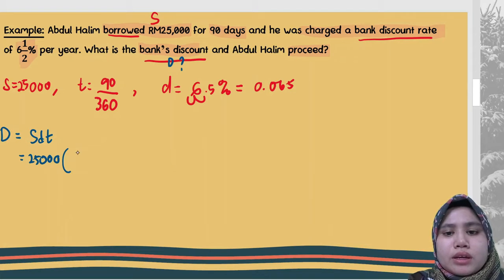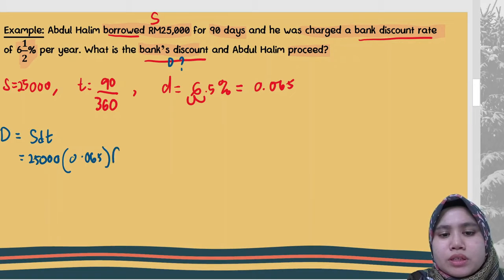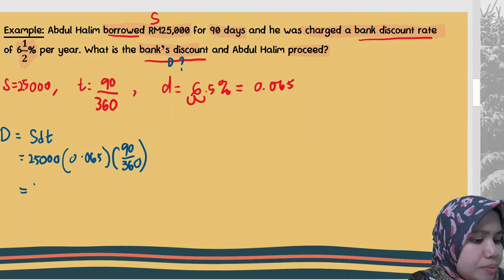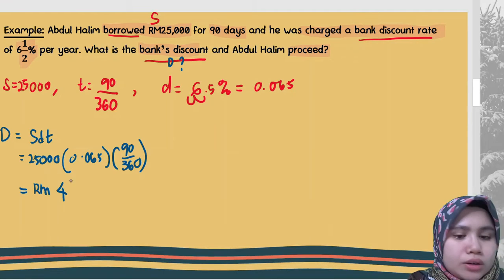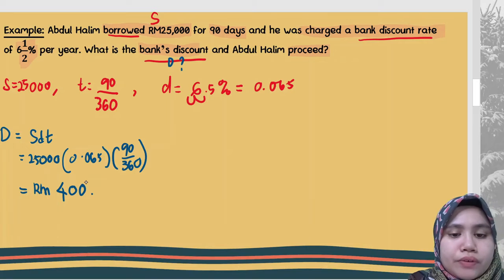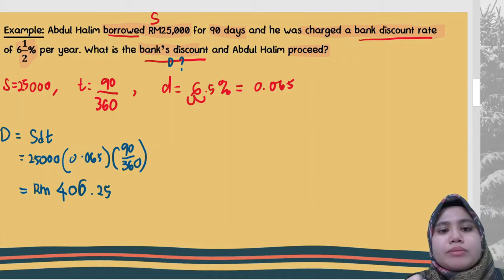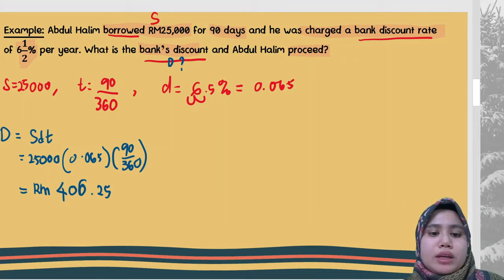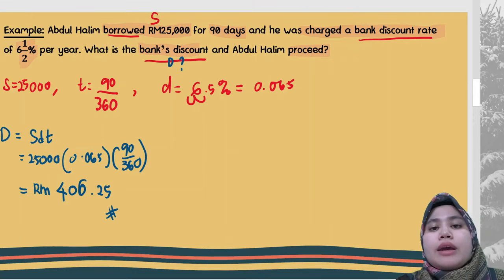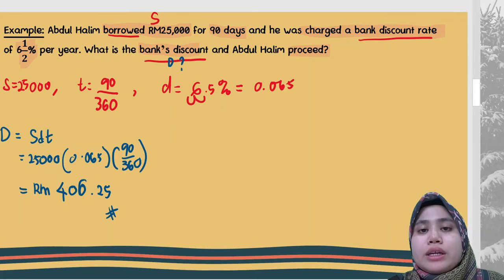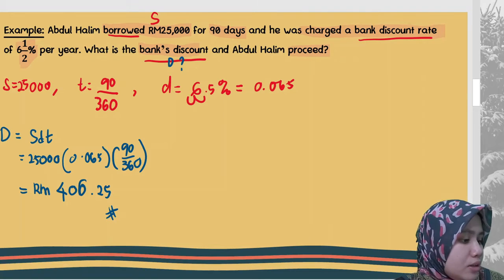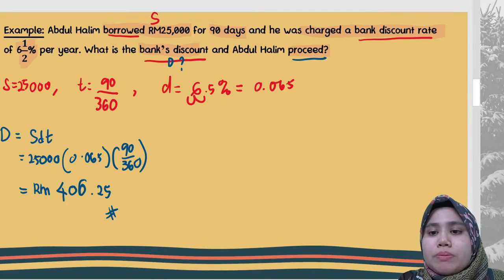Let's put in the values: 0.065, and T is 90/360. So the bank discount, the value that the bank charges Abdul Halim, is RM406.25.